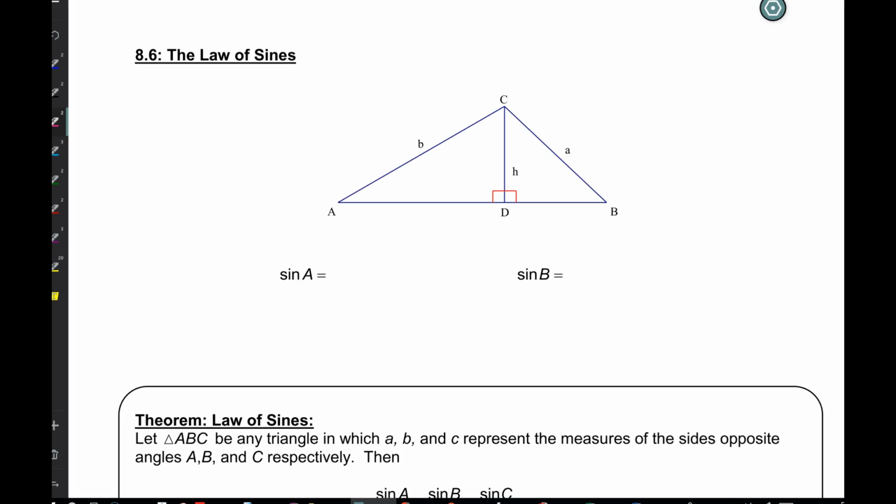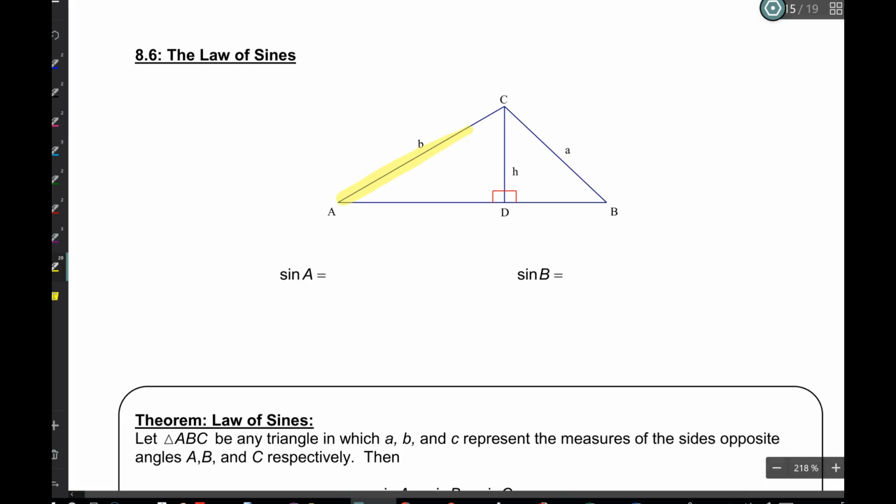Take a look at this triangle. Basically, in order to use sine, cosine, and tangent, you need to have a right triangle. So for the sine of A, I'm just going to look at triangle ABC for right now. Kind of ignore that little triangle on the right. So this one. Okay. What would be the sine of A in that case?